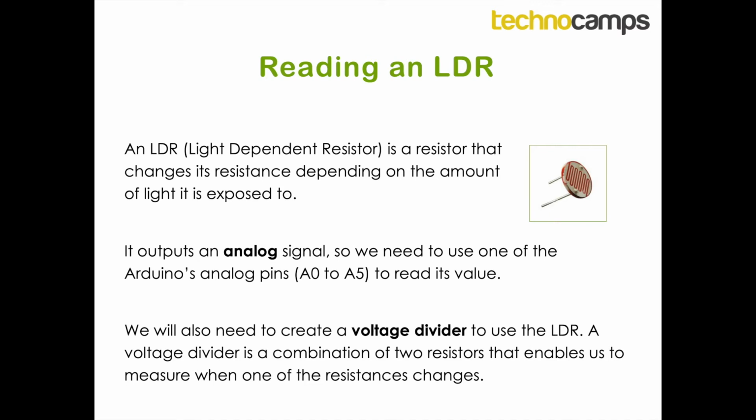But a voltage divider is when we combine two kinds of resistors, and it enables us to measure when one of the resistances changes. So we're going to have a fixed resistor, a resistor whose resistance does not change, and we're going to combine that with an LDR, which is a resistor whose value does change based on the light. And if we do this in the right way, we should be able to measure the light level.